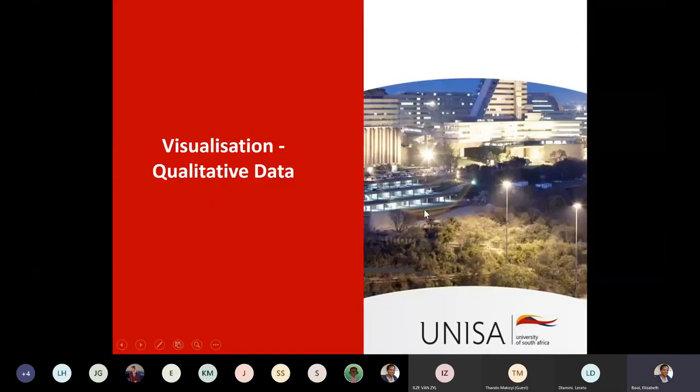Any questions? Then we go into visualization, which is organizing data. If there are no questions and you are happy, we can move into visualization. We will start by looking at how we visualize a qualitative variable, because it's easy with that.